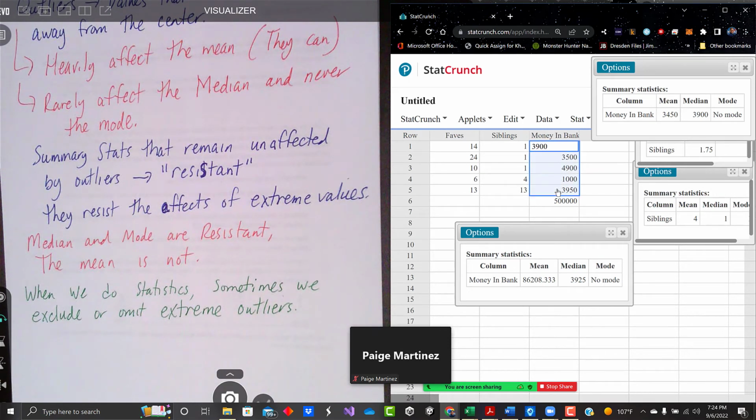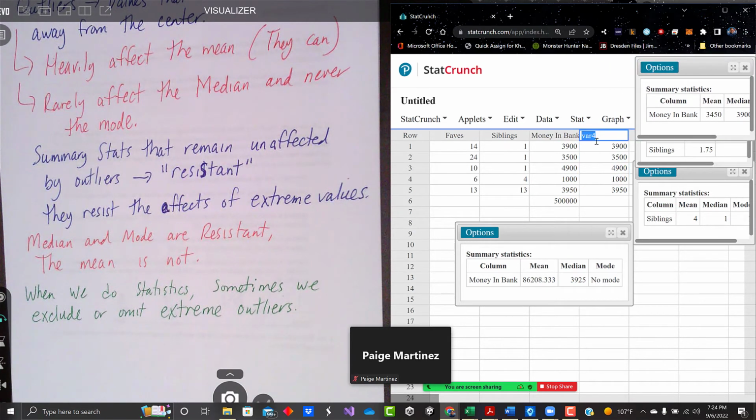Let's see if I can Control C and copy and paste. Oh, I can. Look at that. So money in bank, or money, no outliers. I would do that to preserve the data if I needed to. Keep that in mind in real life.